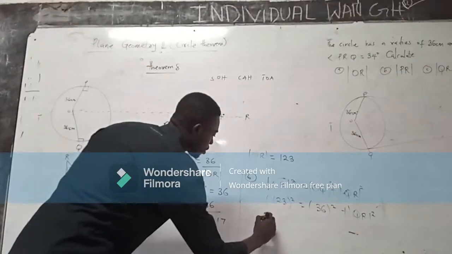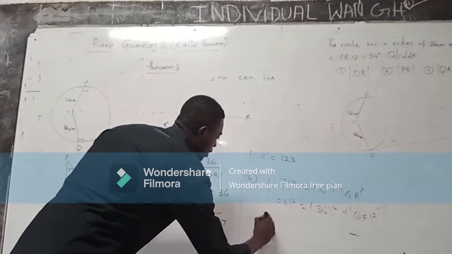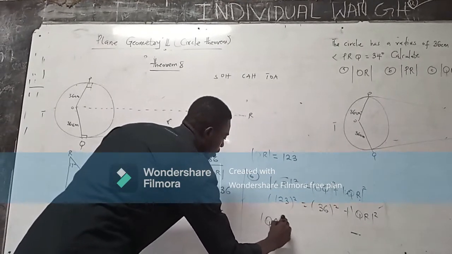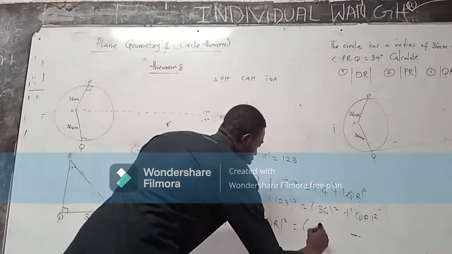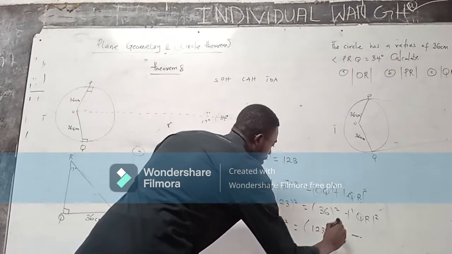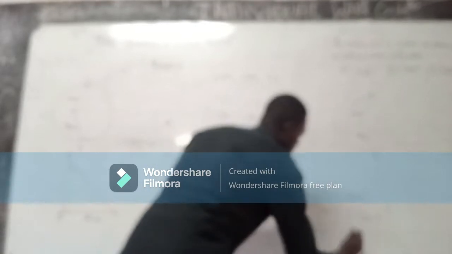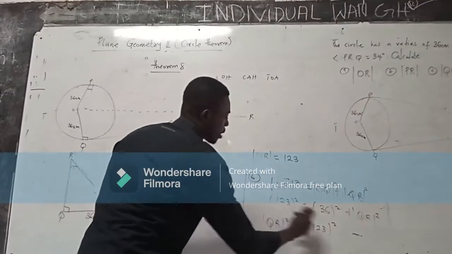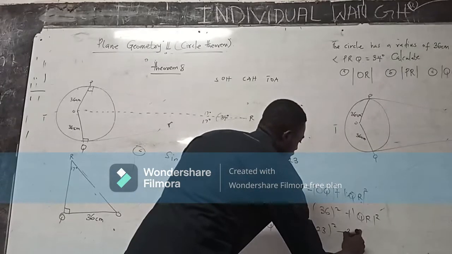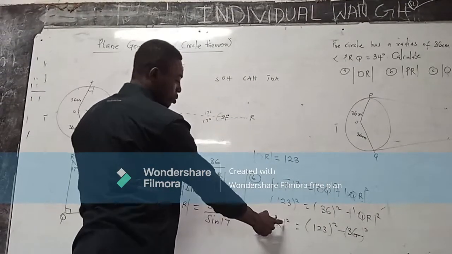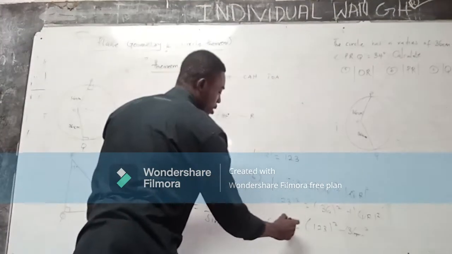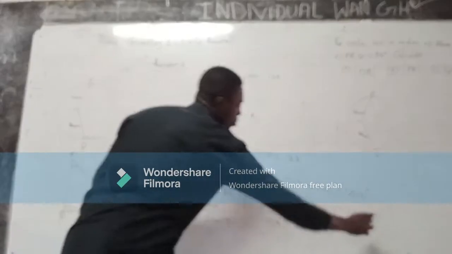So it means that we are going to get QR squared to be equal to 1, 2, 3 squared plus, no, this one is coming, so it's going to be minus OQ squared. So if you want to take the square root from there, it means that you square root both sides.